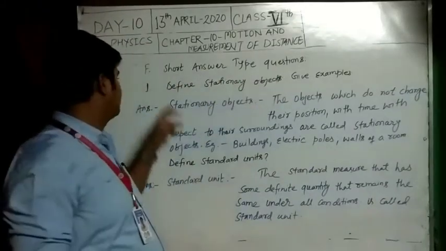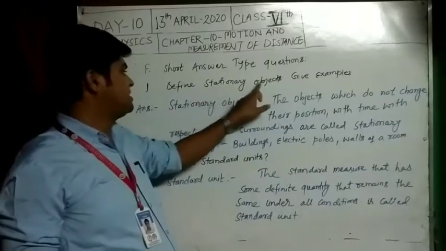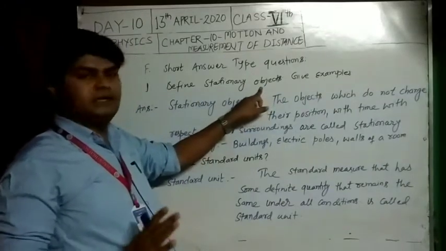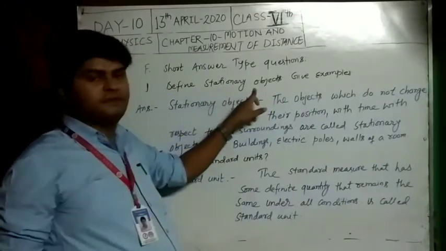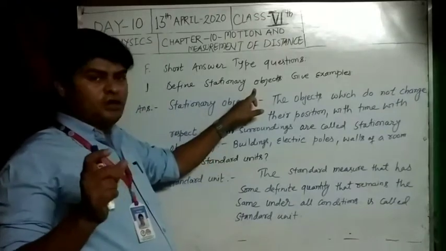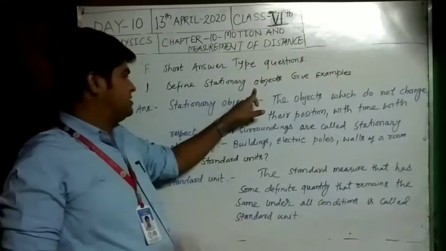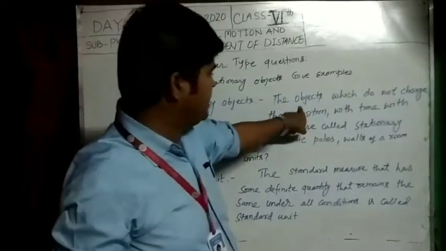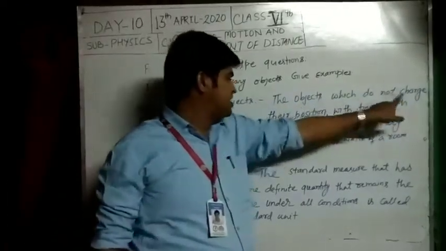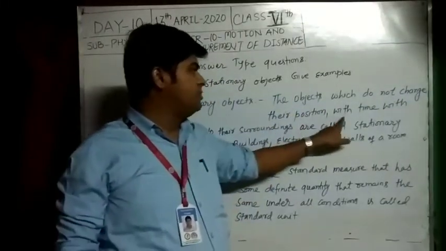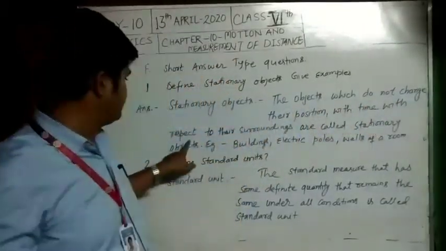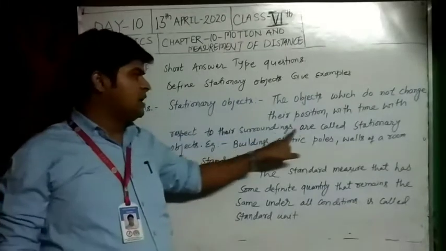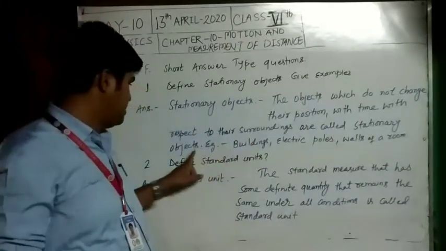Question 1 is define a stationary object and give examples. A stationary object means an object which is at rest. The objects which do not change their position with time with respect to their surroundings are called stationary objects.